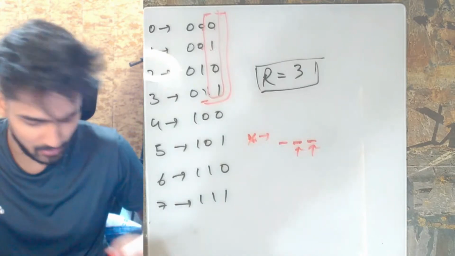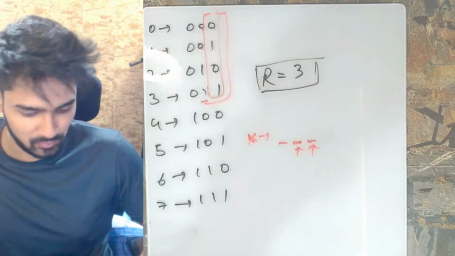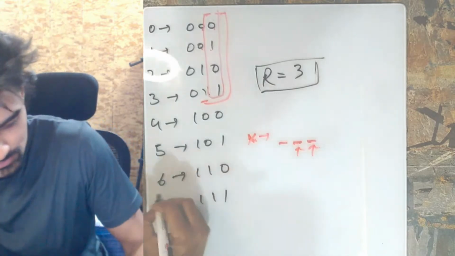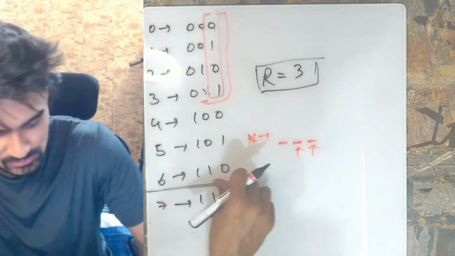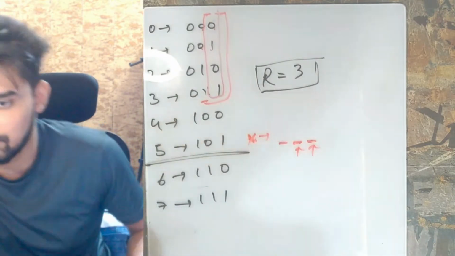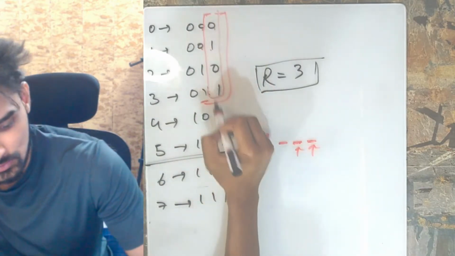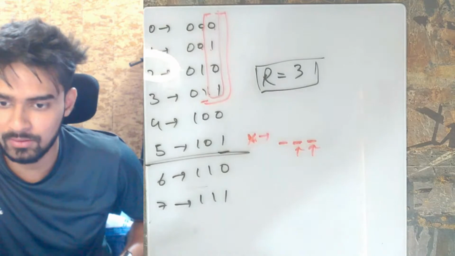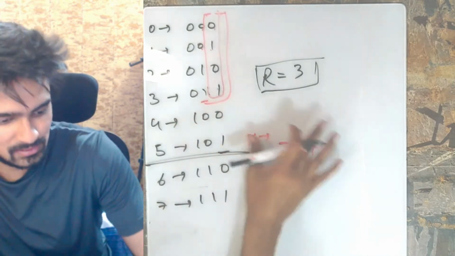Now, how do you decide when you need to set the bit and when you do not? Let's take R equal to 6, or R equal to 5. If R was equal to 5, how many ones did you have in the very first index? You had 3 ones. How do I explain this? Let's take the test case only.